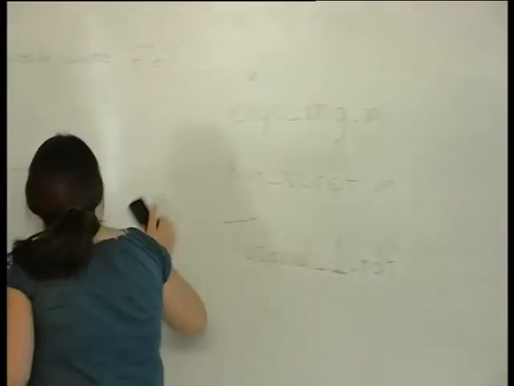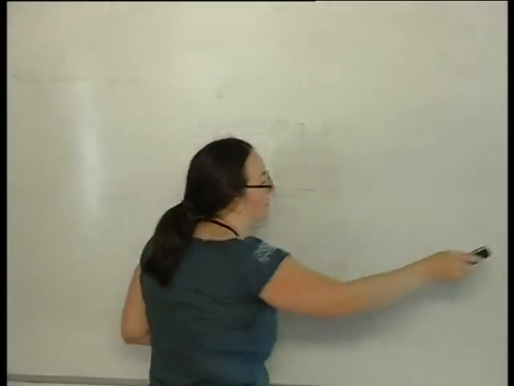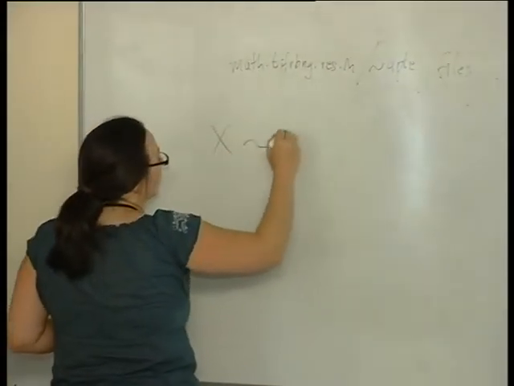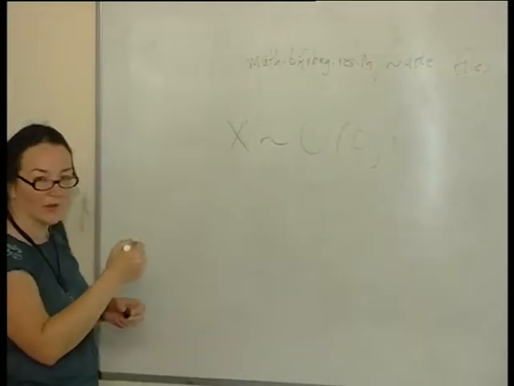Let me erase this. So we have x from uniform 0, 1. How do I transform this?